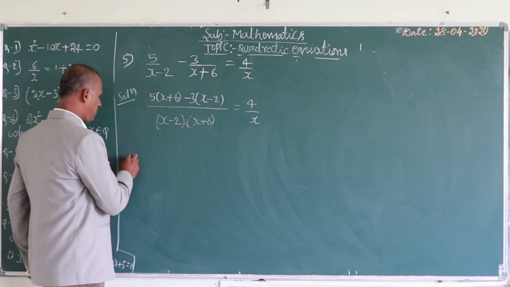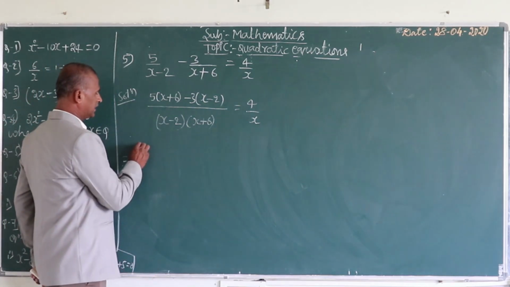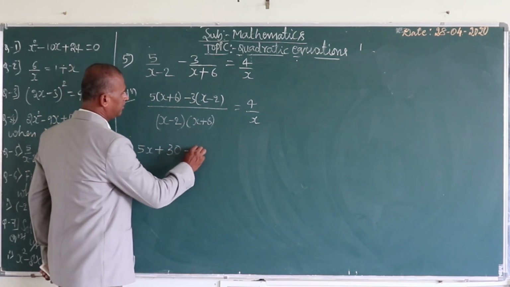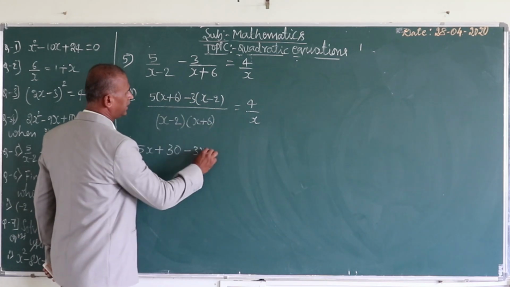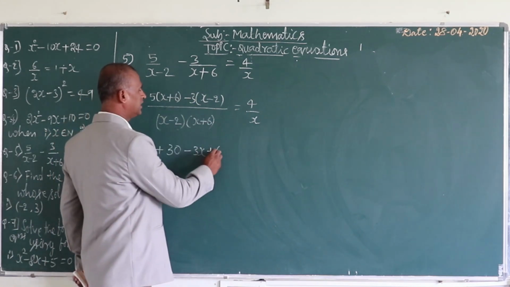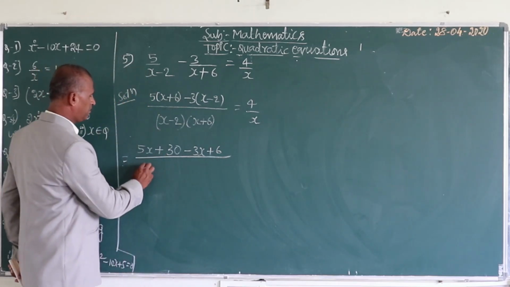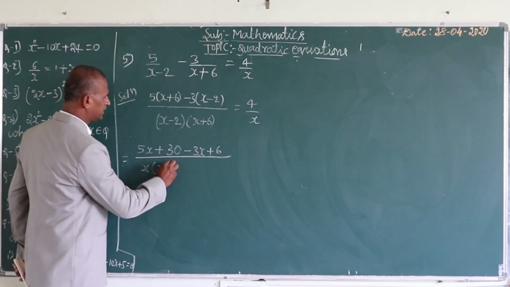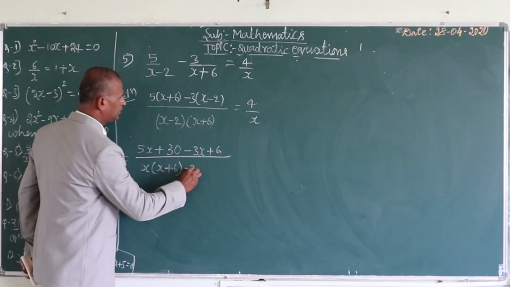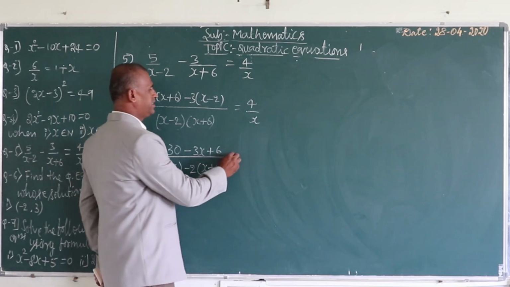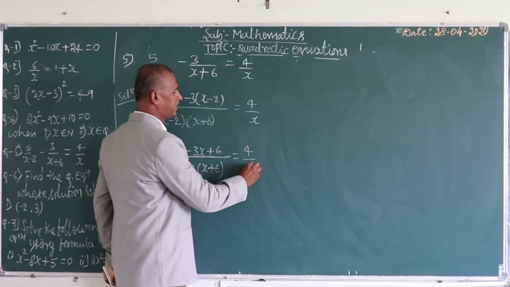Now 5 into x is 5x, 5 sixes are 30, minus 3x, minus into minus is plus, 3 twos are 6. Now in the denominator we multiply x into x plus 6, minus 2 into x plus 6, equal to 4 by x.